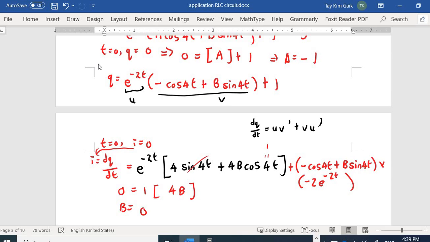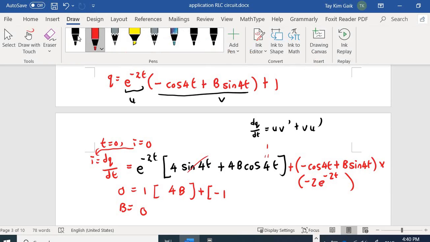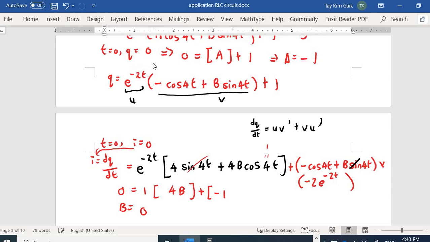So now plug in: cos 0 is 1, so negative 1, sin 0 is 0. Multiply exponent 0 is 1, so this is negative 2.